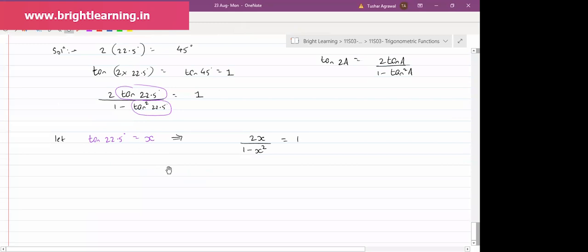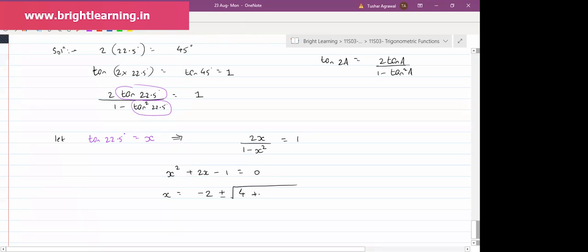Cross multiply and by arithmetic you get the algebraic equation, that is x square plus 2x minus 1 is equal to 0. Just cross multiplication and rearrangement. You know how to solve the quadratic. By the formula method, minus 2 plus or minus under root of b square, which is 4, minus 4 times AC, 4 times AC is minus 4.